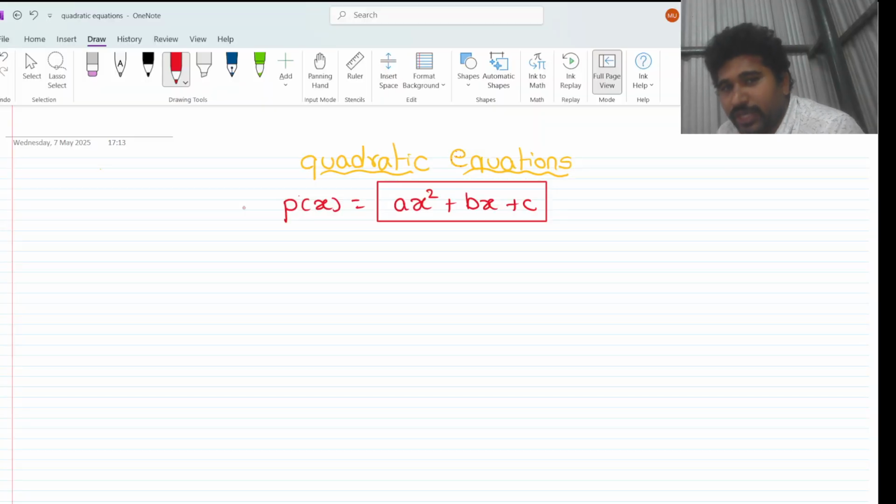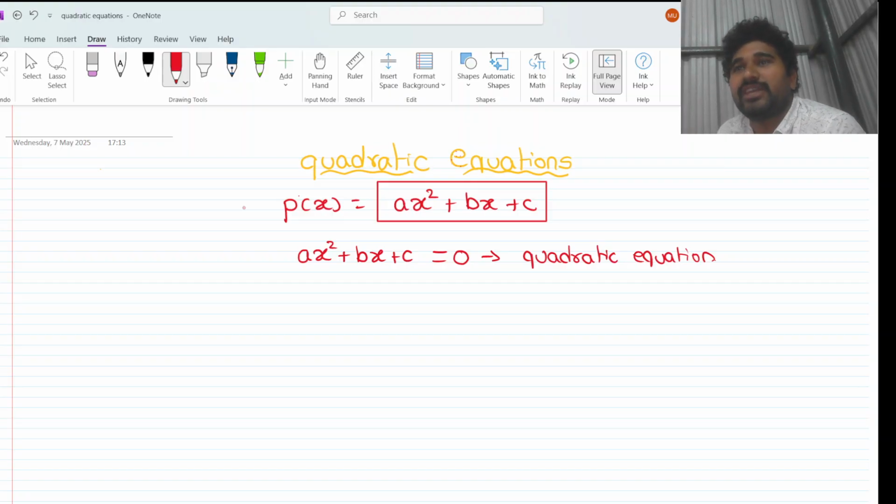If you write the same quadratic polynomial equal to 0, that is your quadratic equation.